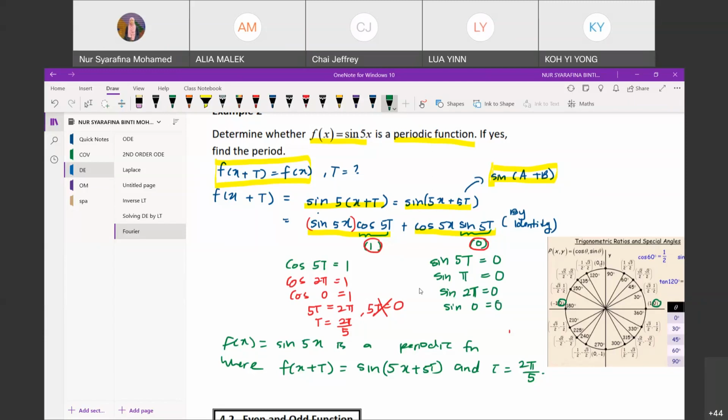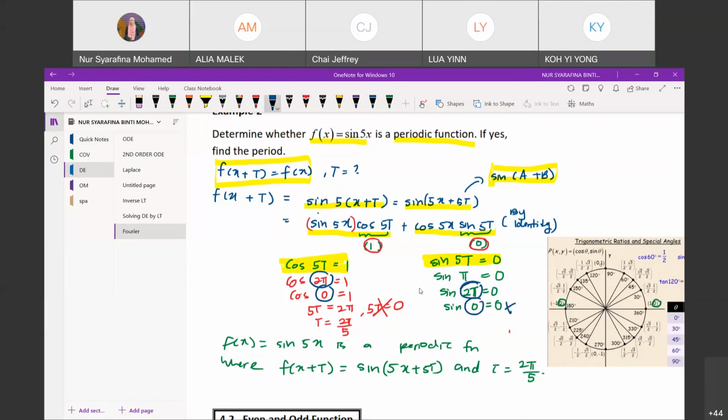But you have to make sure that this T must fulfill both cos 5T equals 1 and sin 5T equals 0. So we have to choose the value that can fulfill these two expressions. So 2 pi and 0, but we cannot choose 0.